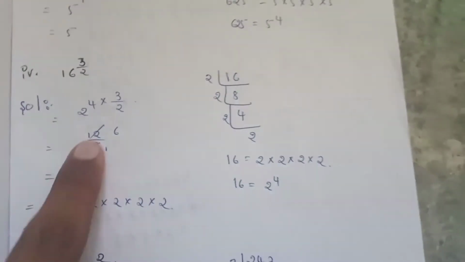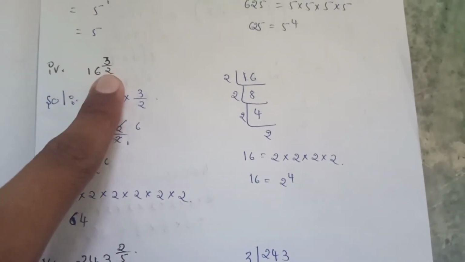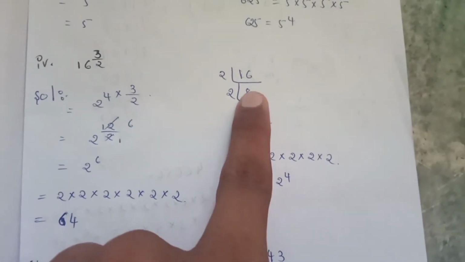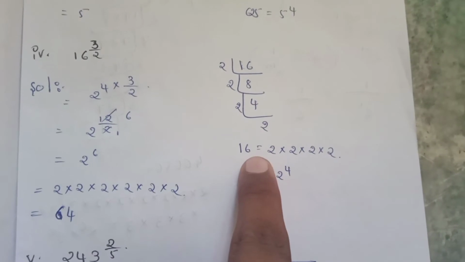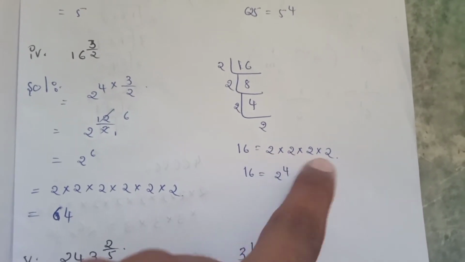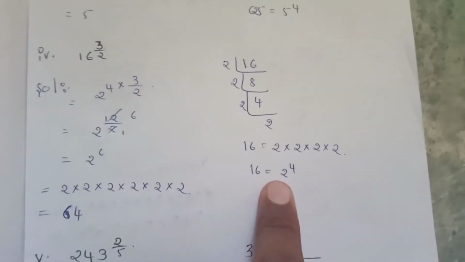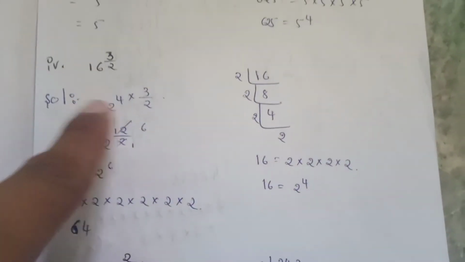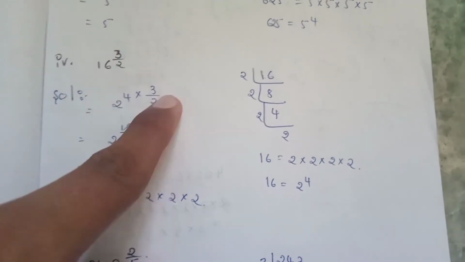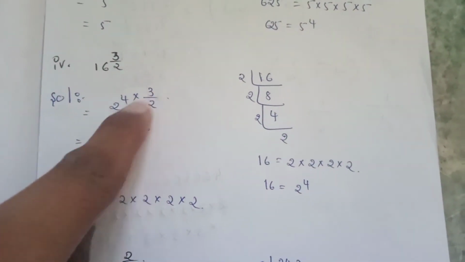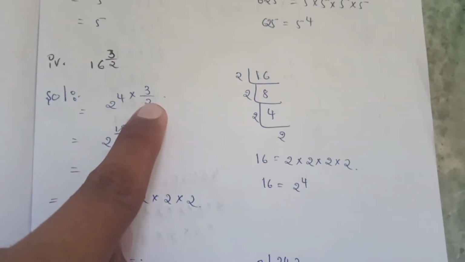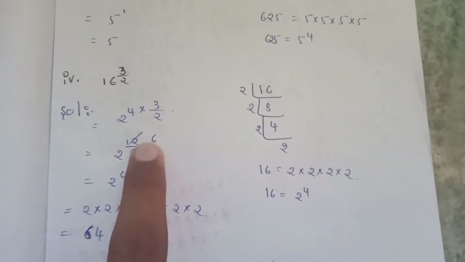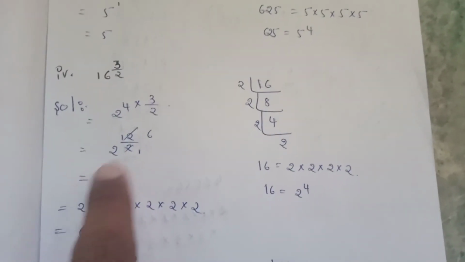Next, fourth problem. 16 power 3 by 2. 16 can be written as 2 8s are 16, 2 4s are 8, 2 2s are 4. 16 is equal to 2 into 2 into 2 into 2. 4 2s are present here. So 16 can be written as 2 power 4, into what is given here, 3 by 2. We have to multiply this. 4 3s are 12 by 2. 2 6s are 12. 2 power 6.